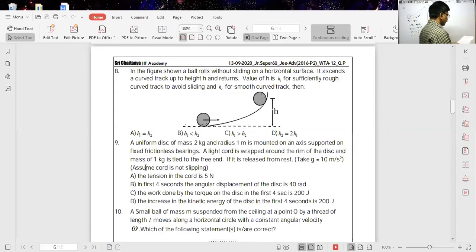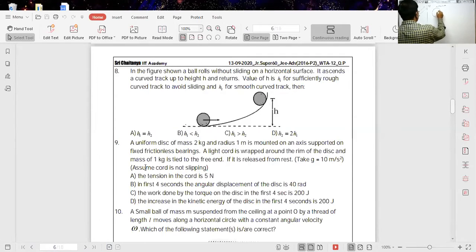All of you read the 9th problem. A uniform disk of mass 2 kg and radius r equal to 1 meter is mounted on an axis supported on fixed frictionless bearings.